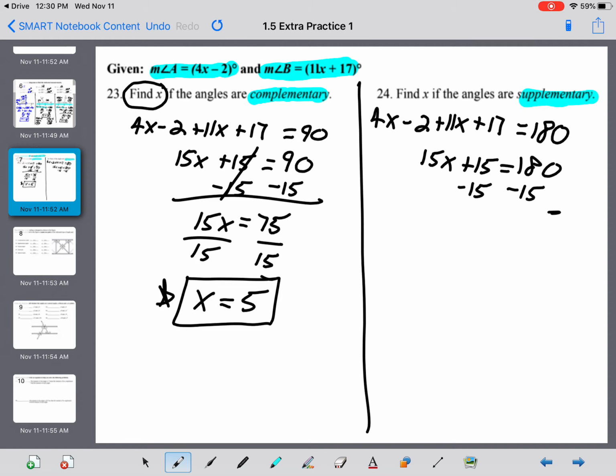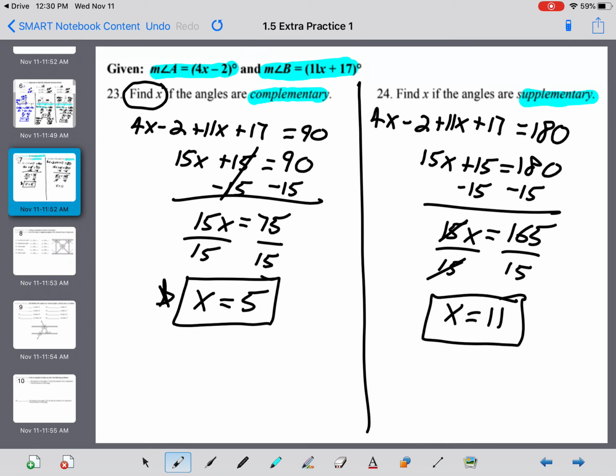Subtract 15 on both sides, and we get 15x equals 165. All we need to do is divide 165 by 15. 15's cancel, and x equals 11. Okay, so notice how one word within the question can change your answer. This is why it's very important to know our definitions in geometry.